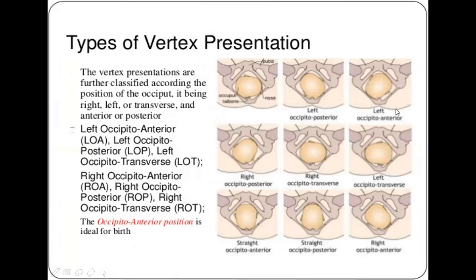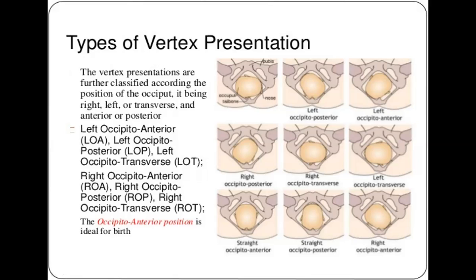If you classify this into anterior and posterior, when the occipital part is present on the left side and anterior, then it is LOA. If the occipital part is present posteriorly on the left, that is left occipital posterior. If it is present on the right side and posteriorly, then right occipital posterior.